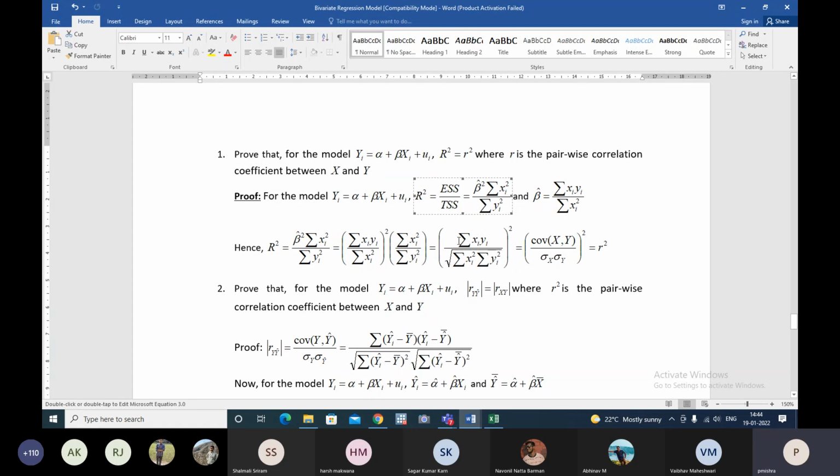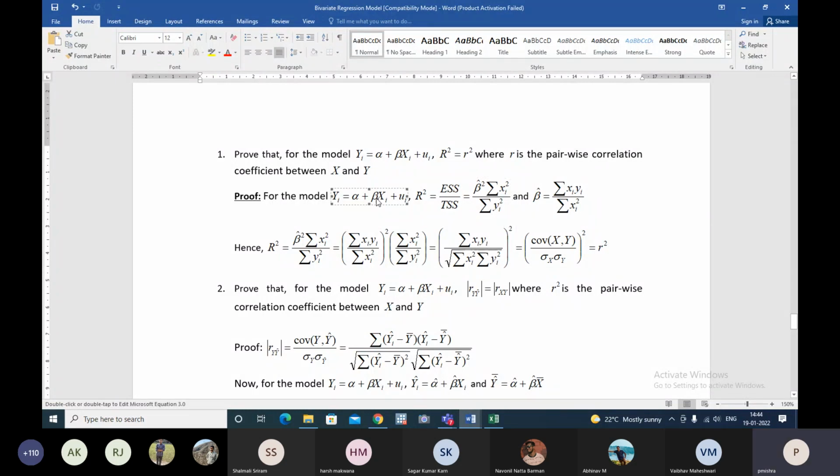So I can rewrite this as summation of small xi yi divided by square root of summation of small xi square, summation of small yi square, and then whole square. And you know this is nothing but the formula for correlation coefficient between x and y. So this capital R square is nothing but small r square, but this is true only for a bivariate model.